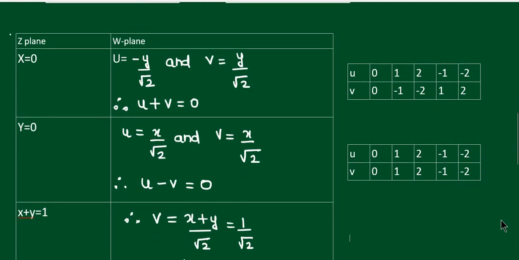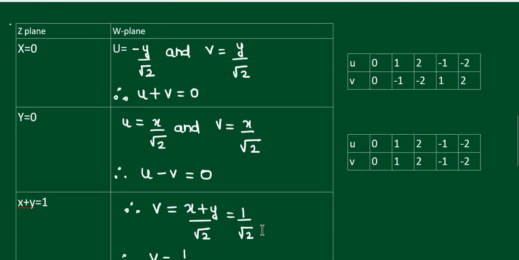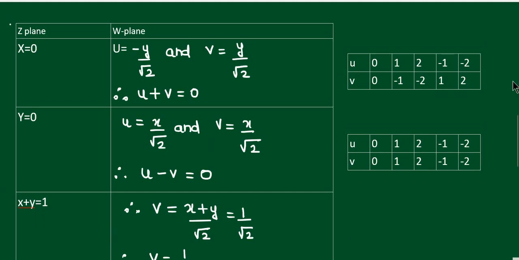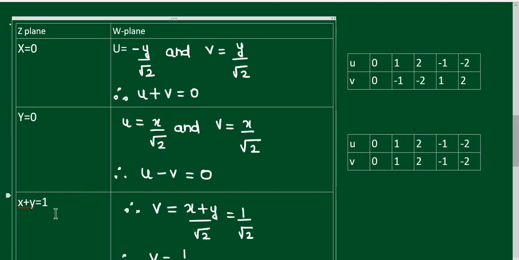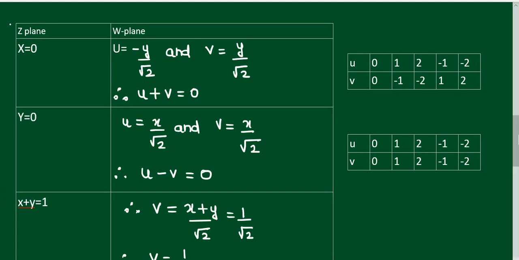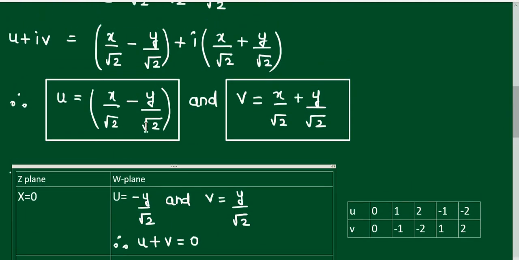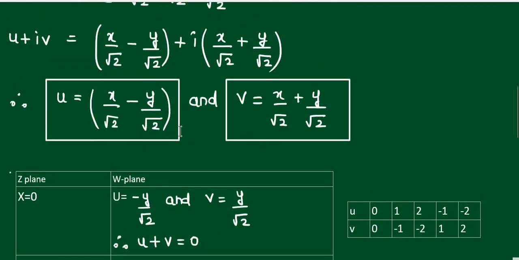Now, x plus y equal to 1. This is the equation having 1, 0 and 0, 1 as the points of intersection in x axis and y axis. I guess you know how to draw this line x plus y equal to 1. Now, from these equations, we can make use of this box and replace x plus y equal to 1.